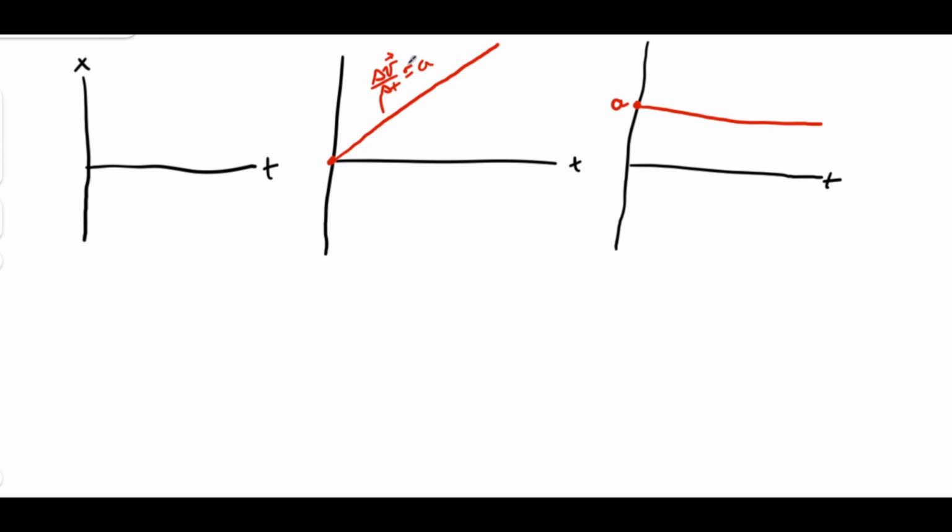Now, what would that mean for the position? If the velocity is constantly increasing, that means the slope of the position has to be constantly increasing. So how can we represent that? Let's just kind of do a mesh representation. So it's increasing, then its slope has to increase some more, then its slope has to increase.